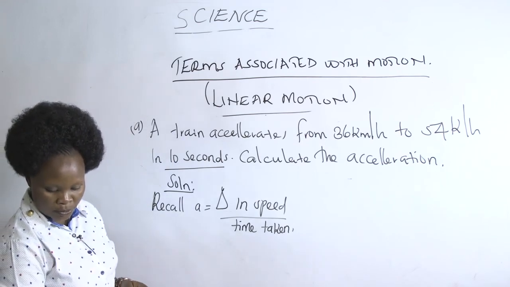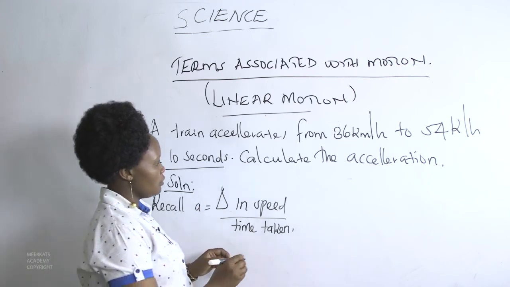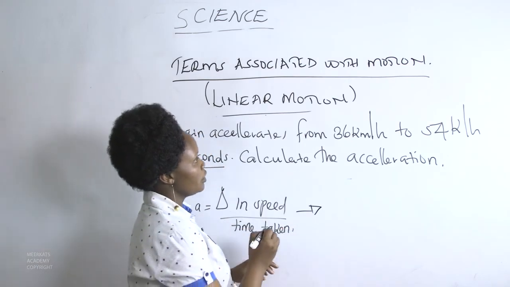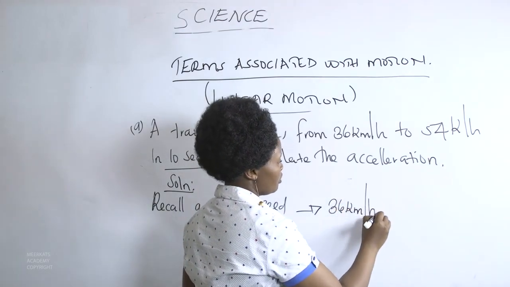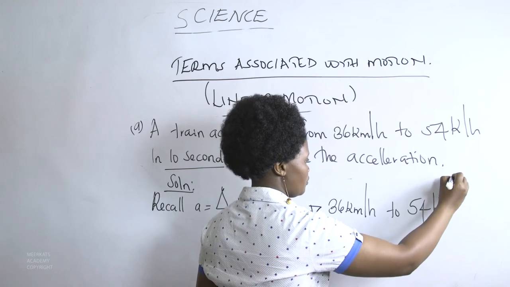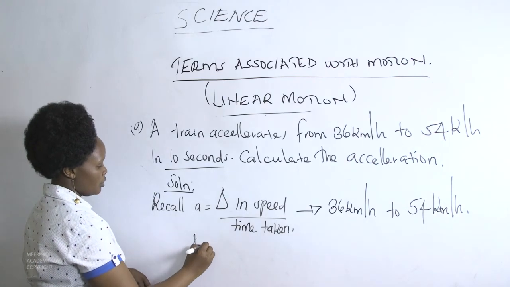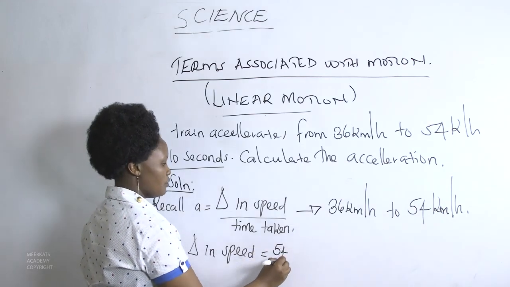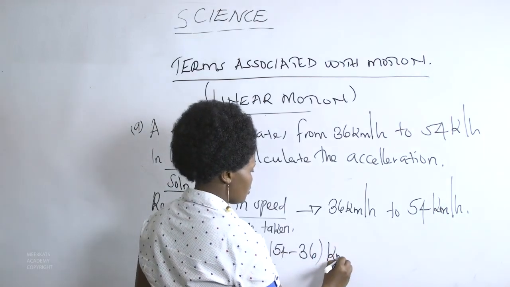Here our speed changes from 36 kilometers per hour to 54 kilometers per hour. That is to mean that our change in speed will be given by 54, you subtract 36, these are kilometers per hour.